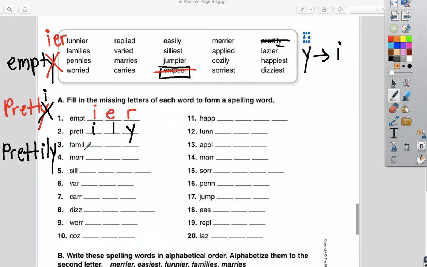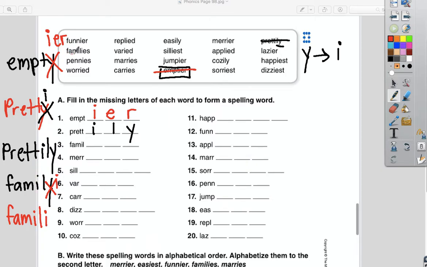Let's do one more together. Famil. I think we all know that this word is family. Same rule that we're going to be doing all week. We don't keep the Y, we replace it with an I. So now we just have to look in the word bank to see how they finished the word.